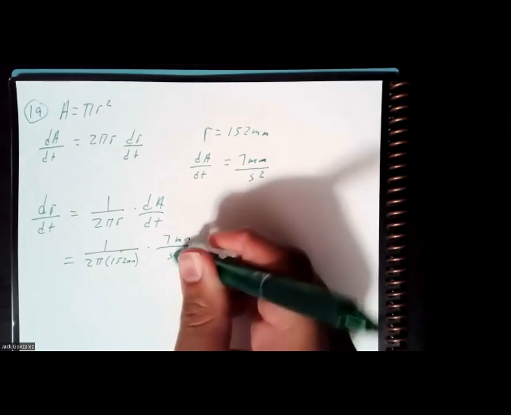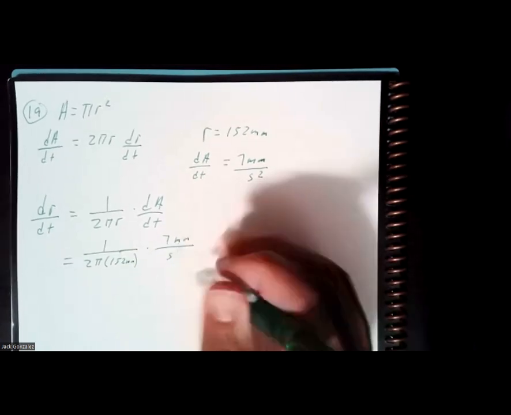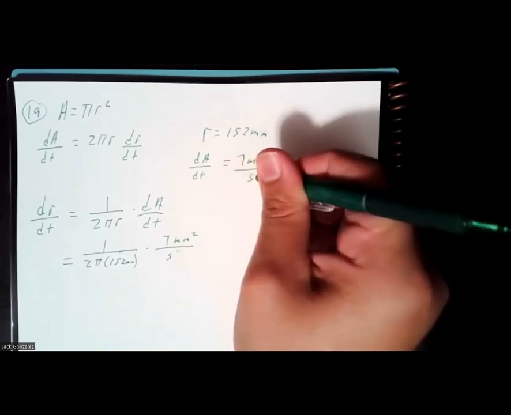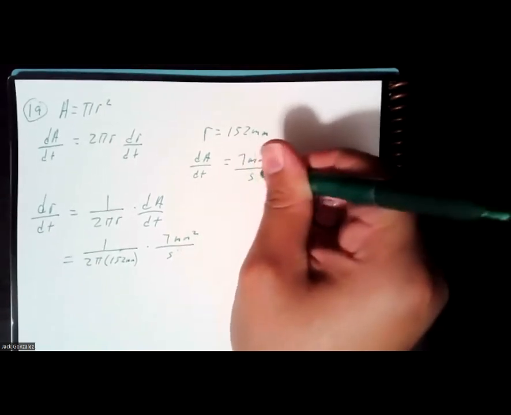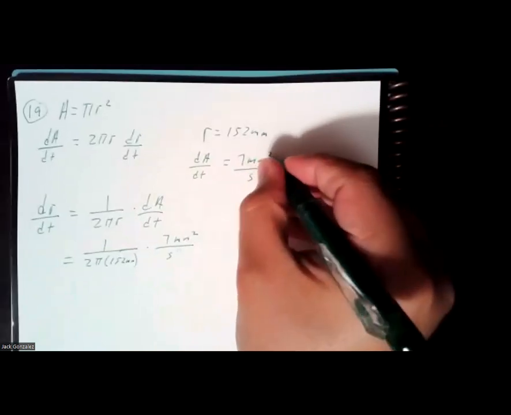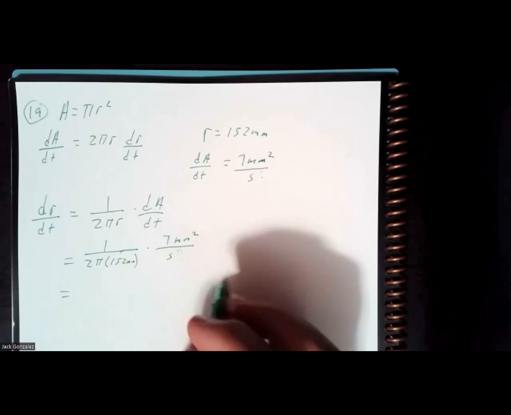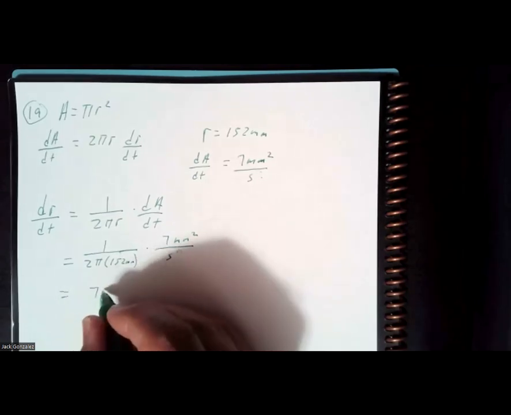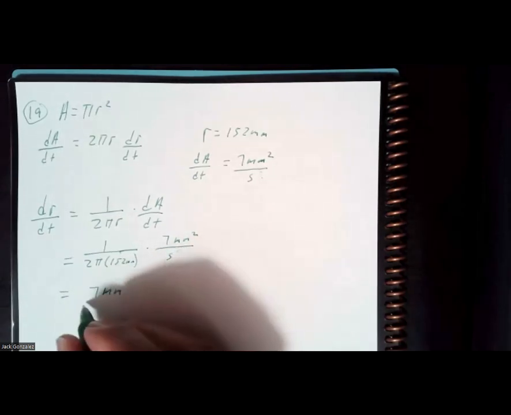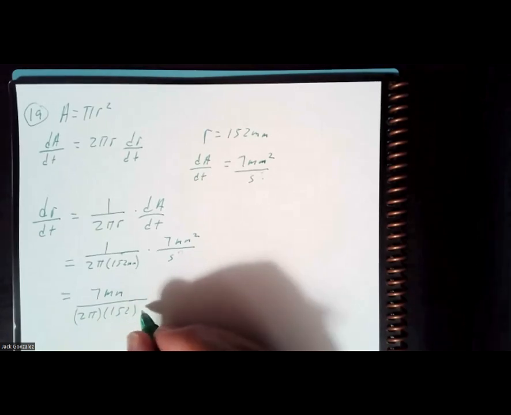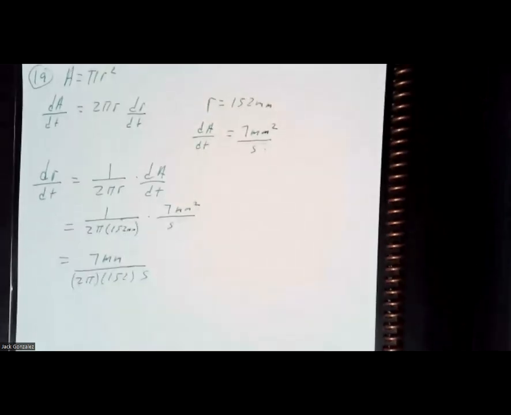It's millimeters squared per second. This would cancel one of them, leaving me with 17 millimeters over 2 times pi times 152 per second.